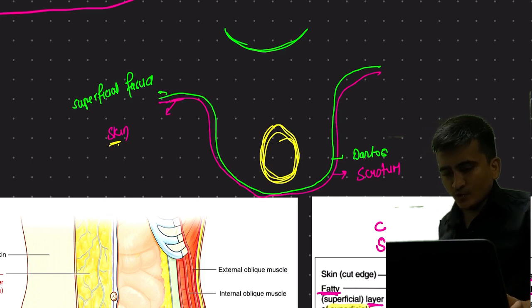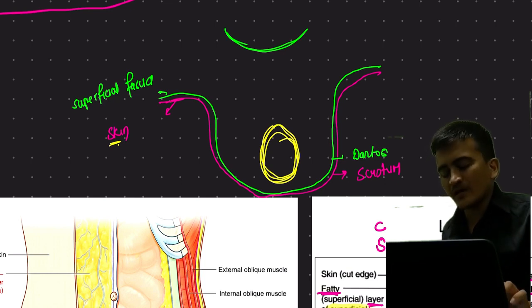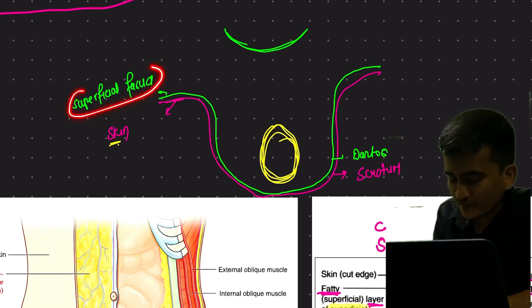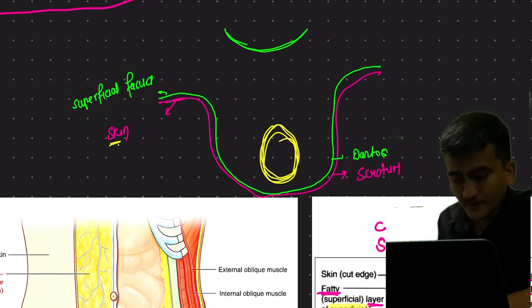The thing that we need to know is, dartos is the superficial muscle of the scrotum. It is formed by the descending down of superficial fascia. That's all.